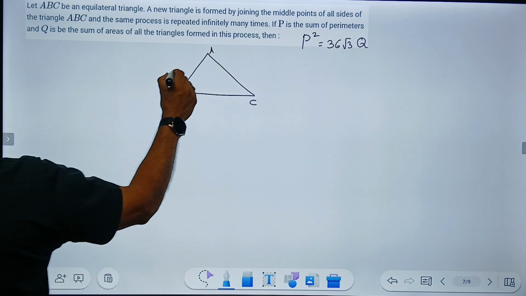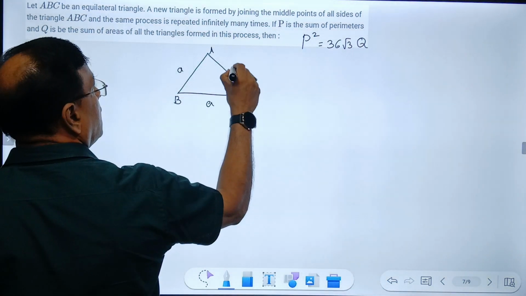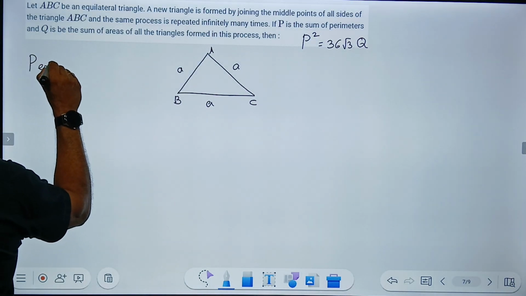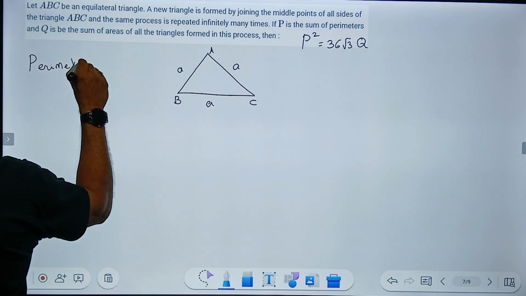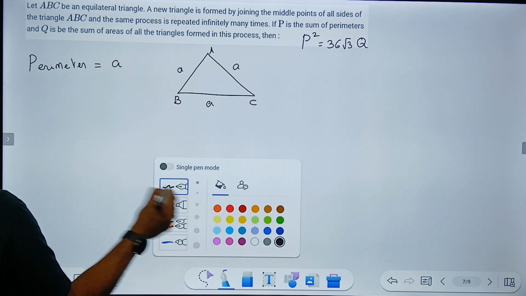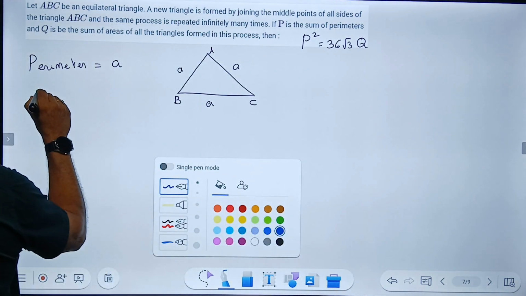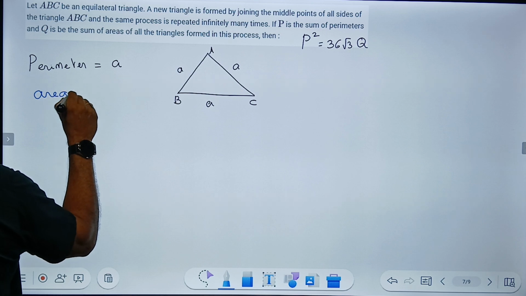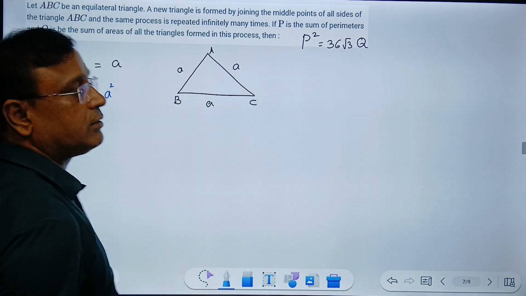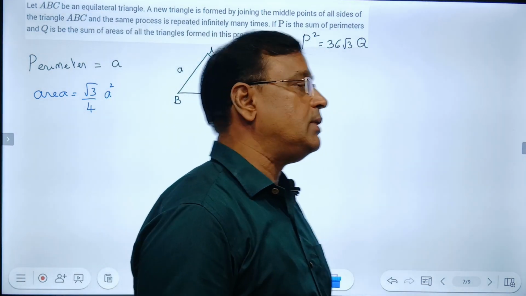Now let the side be A. So what is the perimeter? The perimeter is 3A. And what is the area? I'll write the area in blue color. Area is root 3 by 4 A square. This is the area of an equilateral triangle.